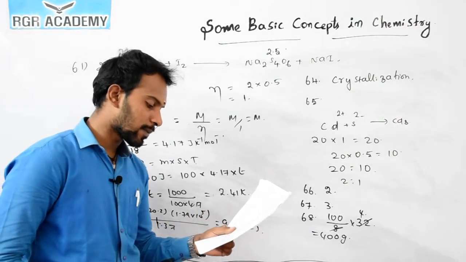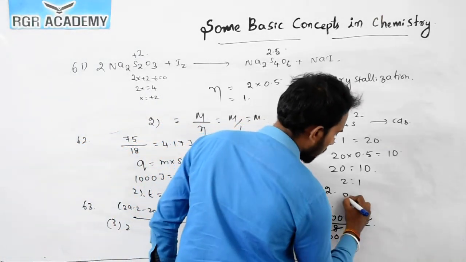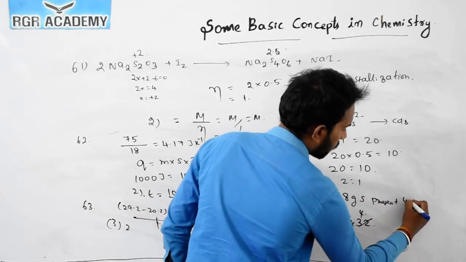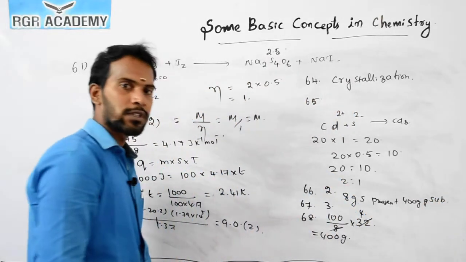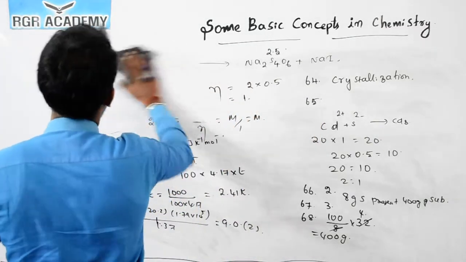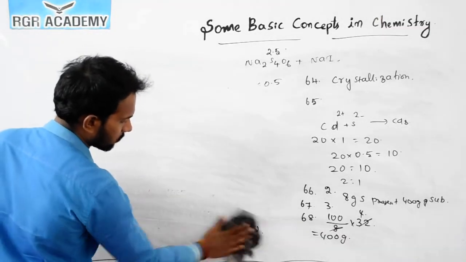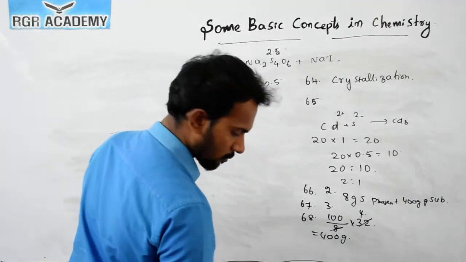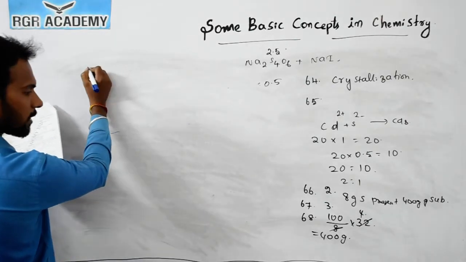So 8 gram sulfur present in 400 gram of the substance. So question number 68 answer is 4.